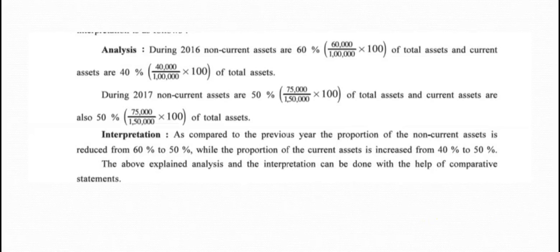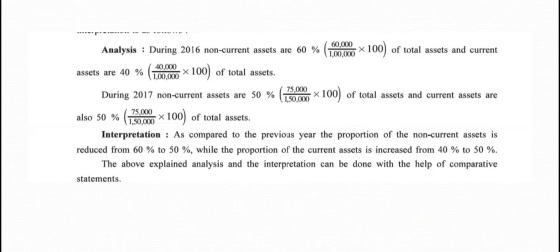Now if you want to interpret this, its interpretation will be like, as compared to the previous year, the proportion of non-current assets has reduced from 60% to 50%, while the proportion of current asset has increased from 40% to 50%. Earlier non-current assets were 60%, now it is 50%.